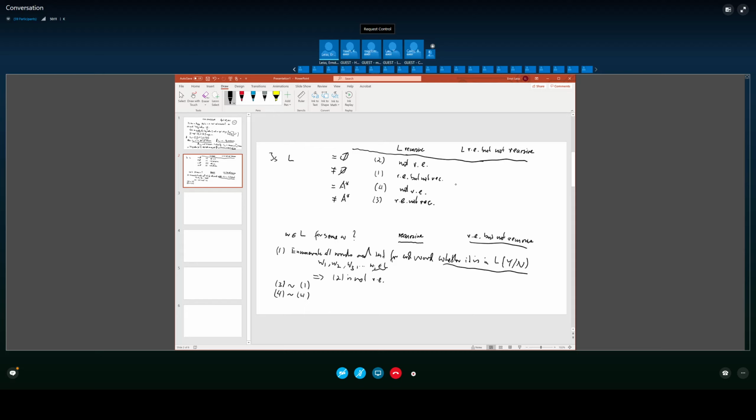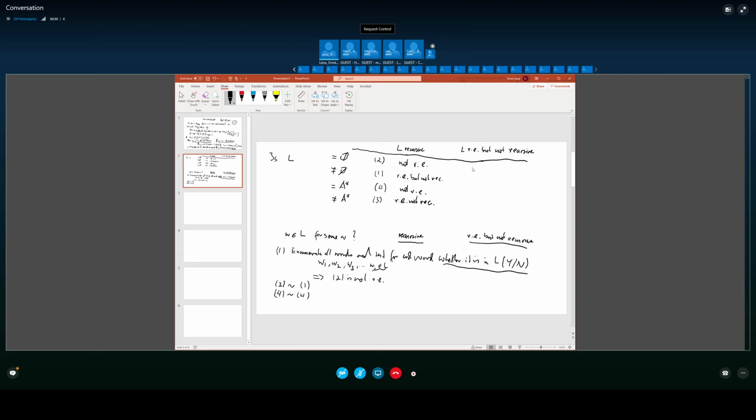When we assumed that L was recursive, we could simply take a word and test it, and the answer was going to be yes or no, and then once we had that answer, we could go on to the next one.